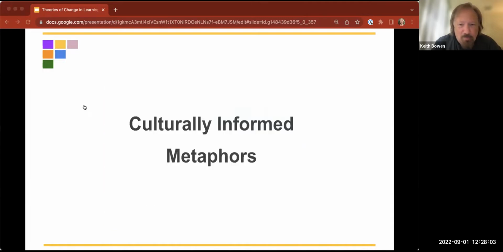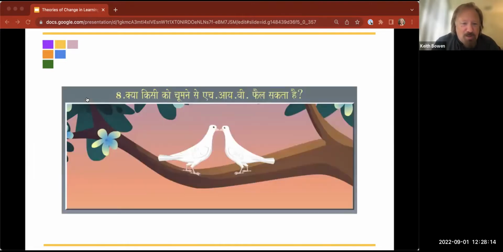And when it was necessary to refer to sensitive topics, they used culturally informed metaphors. So instead of showing physical intimacy explicitly, they showed in parts this image of two doves. Those familiar with Bollywood storytelling would recognize two doves like this as a symbol of romantic love. So they took advantage of these conventions.